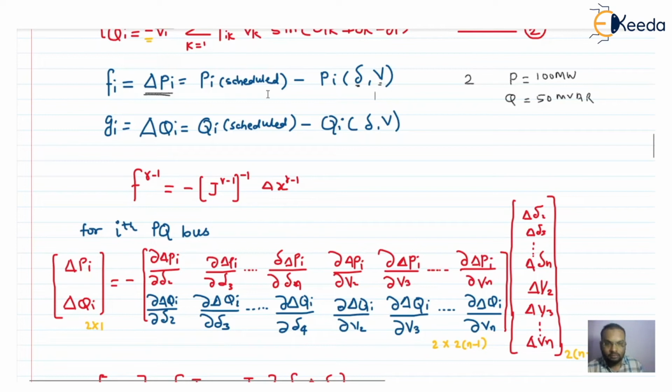If you remember the Newton-Raphson method, we have just discussed this equation to get the correction vector.